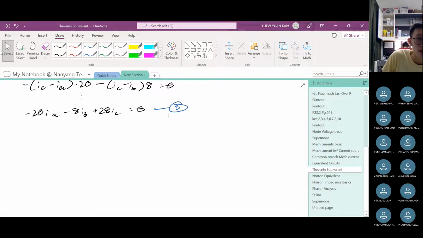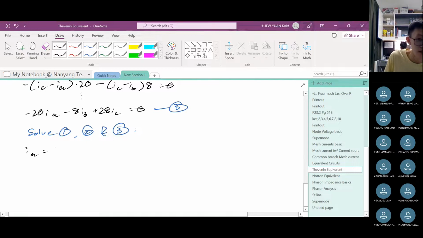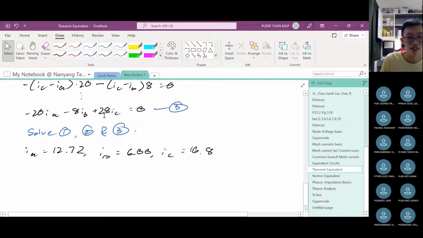Three unknowns. Punch it in your calculator, solve 1, 2, and 3. You should get IA equal to 12.72, IB equals to 6.00, IC equals to 10.8. Don't forget our objective. What is our objective in the second step?